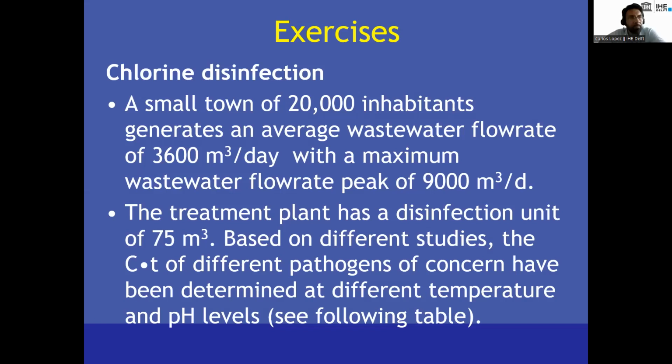It is the same system. The exercise considers the disinfection of water that is going to be supplied to a small town, using chlorine disinfection, ozone disinfection, and UV disinfection.